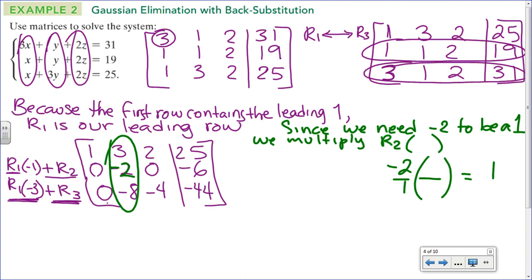1 over negative 2. 1 over negative 2 or negative 1/2, same thing, right? So if we do that, we will get positive 2 over 2, which is 1. And so that's what we're going to do. We're going to use what is called the multiplicative inverse. And so that will be negative 1/2.